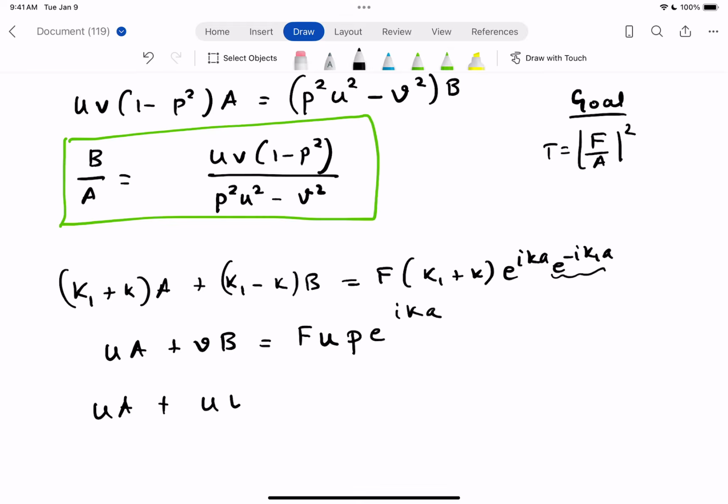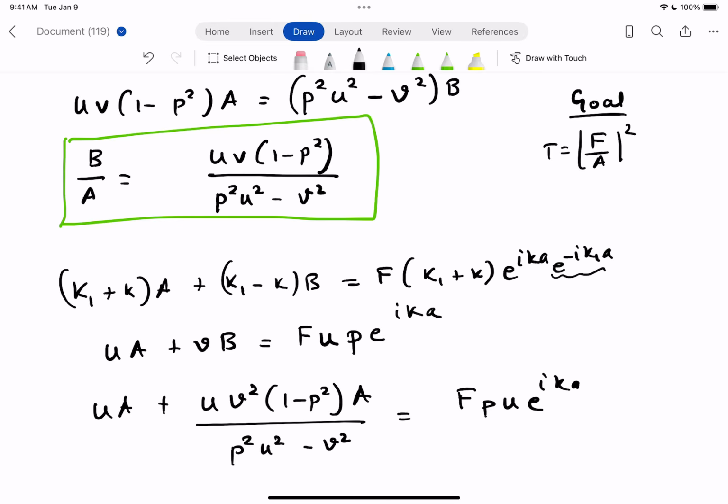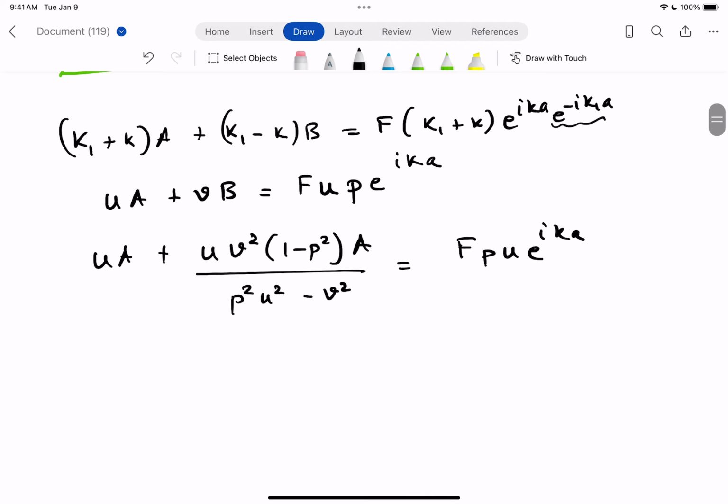So u v square 1 minus p square times a divided by p square u square minus v square is equal to f p u e to the power of I k a. All right. Okay. Now, we notice that u will cancel out. All right. So we'll make any simplifications.